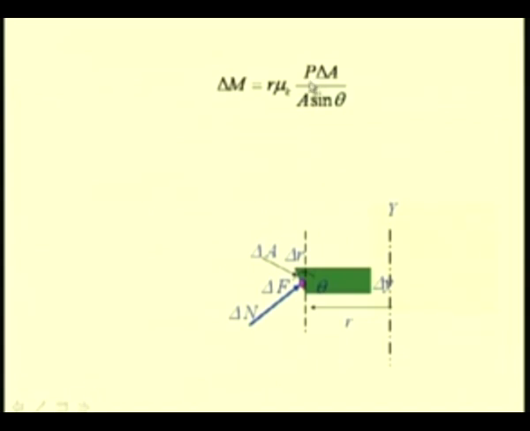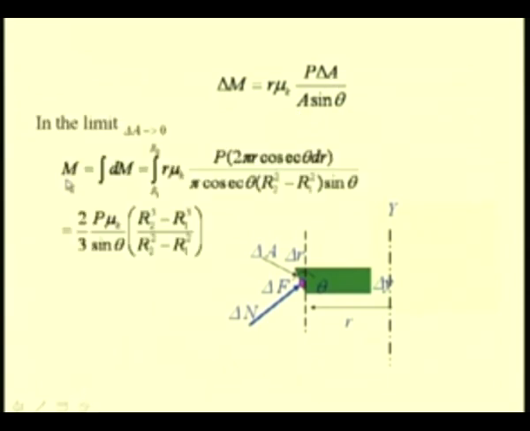So, in this equation we substitute for this A as well as delta A, and in the limit the total moment is equal to integral of this differential moments dM, with the limits being r1 to r2, r mu k times p dA, which is equal to 2 pi r cosecant theta dr, divided by the total area which has been found as pi cosecant theta (r2 square minus r1 square) times sin theta.